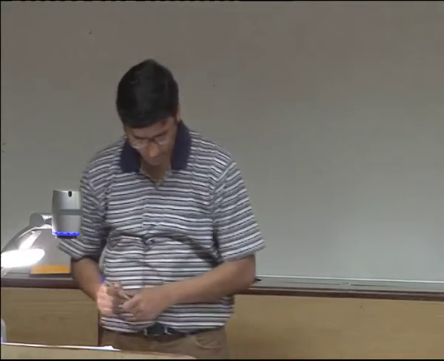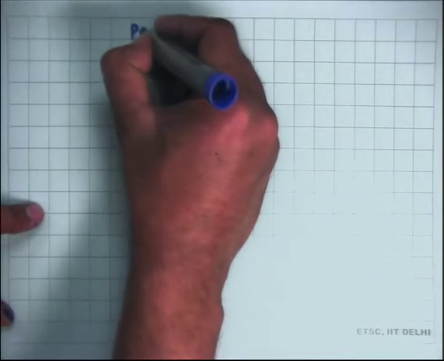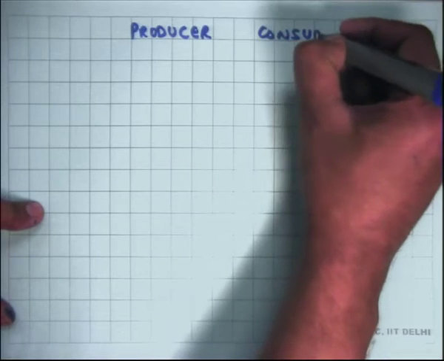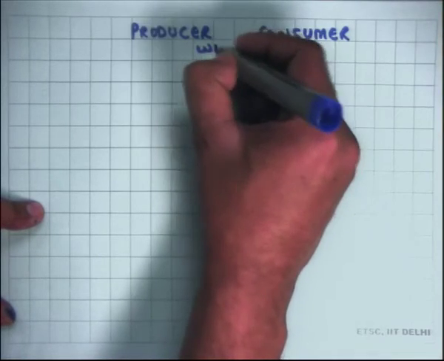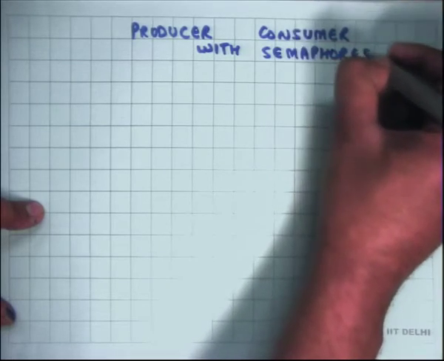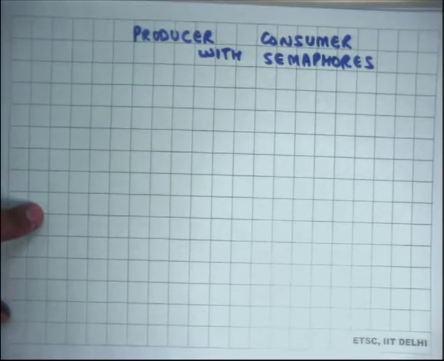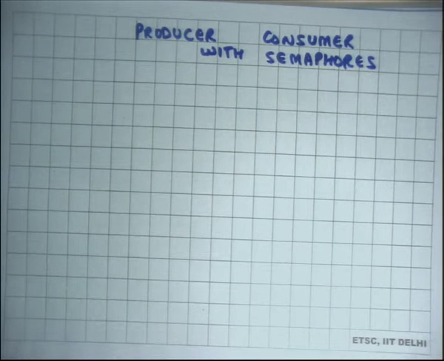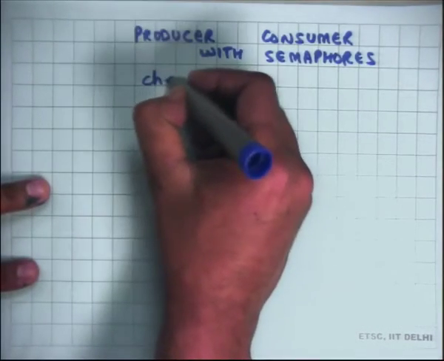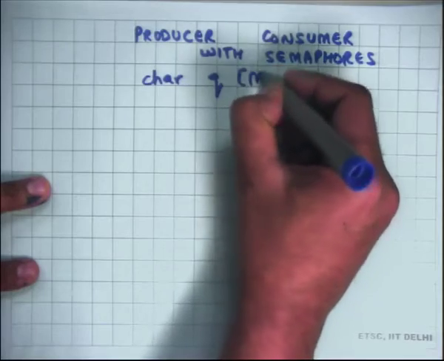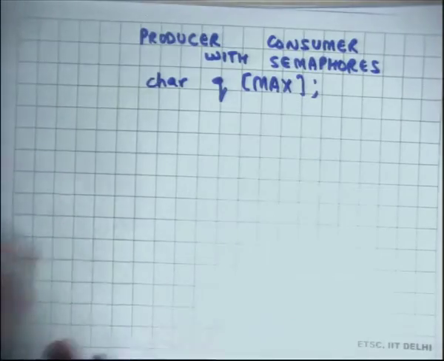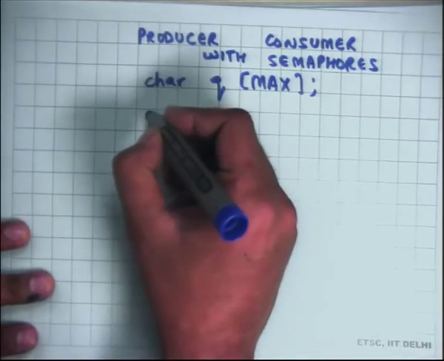All right. So let's look at producer consumer with semaphores. We have seen producer consumer with locks and condition variables, but let's see producer consumer with semaphores, and let's say we again have char q[max], and let's say I also have head and tail, but I'm going to just abstract them.